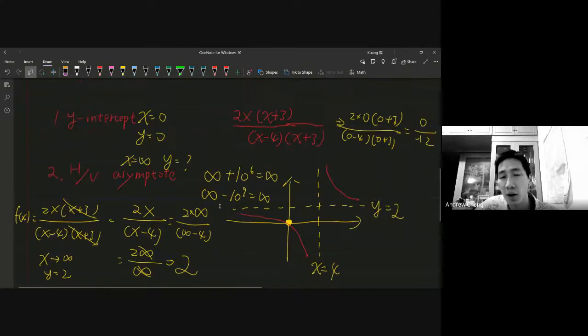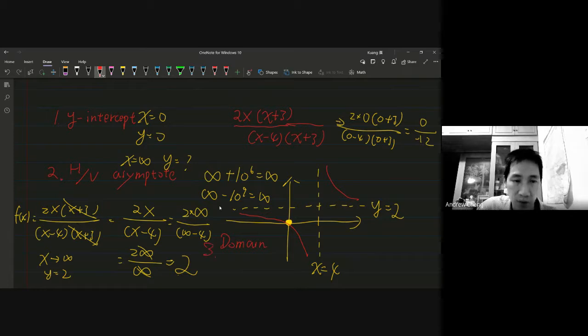And also it will ask you the domain of the function. That's the third question. For the domain of the function, you need to look back at the original function, where the value of x will make the denominator become 0. So for this kind of function, you can write x belongs to all real numbers. x can be any real number.